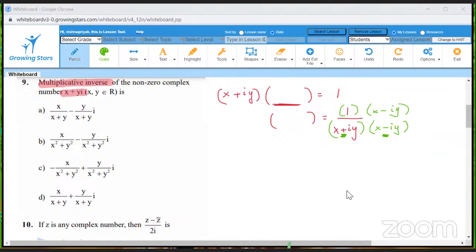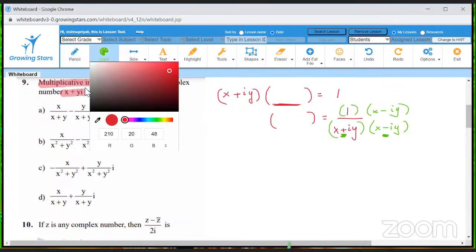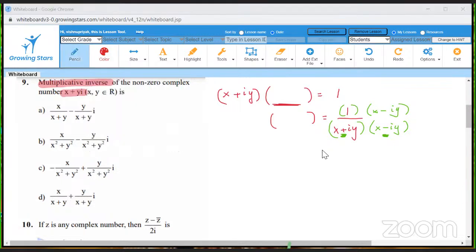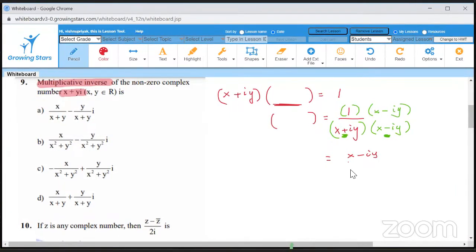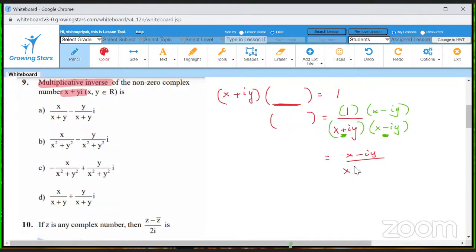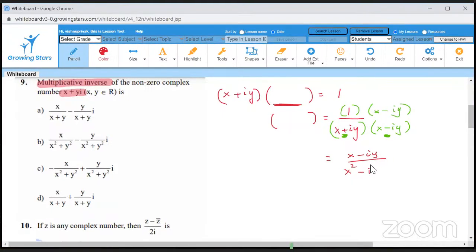No, Ananya, it's not C. Numerator, you will get x minus iy. Yes, Samrin, it is correct. B is the correct answer. Numerator x minus iy. Denominator a plus b into a minus b, a square minus b square.